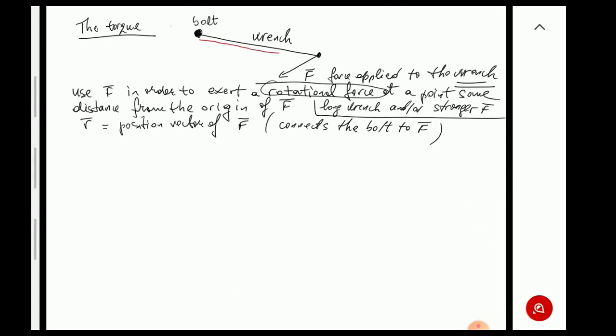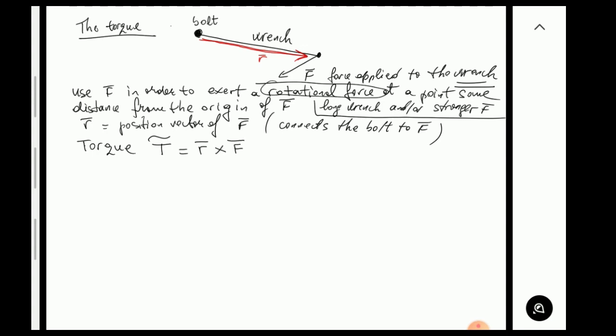Suppose this is R, like that. So the torque is defined as, and the torque is a vector, by the way, just to make it clear. The torque is a vector and is denoted by tau in our textbook at least, and is defined as the cross product between R and F.